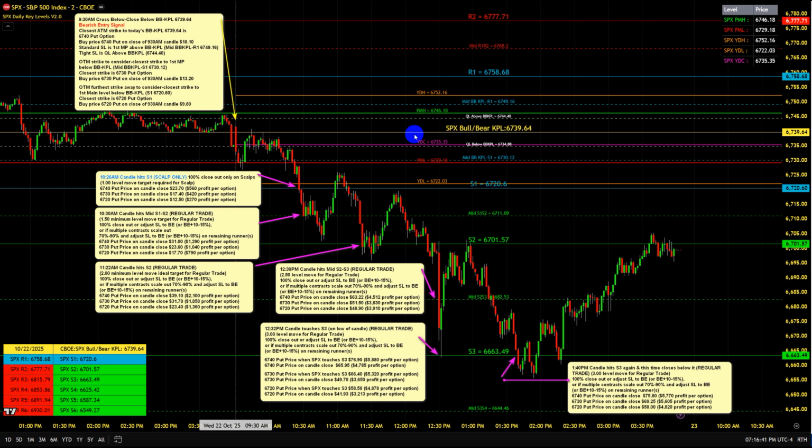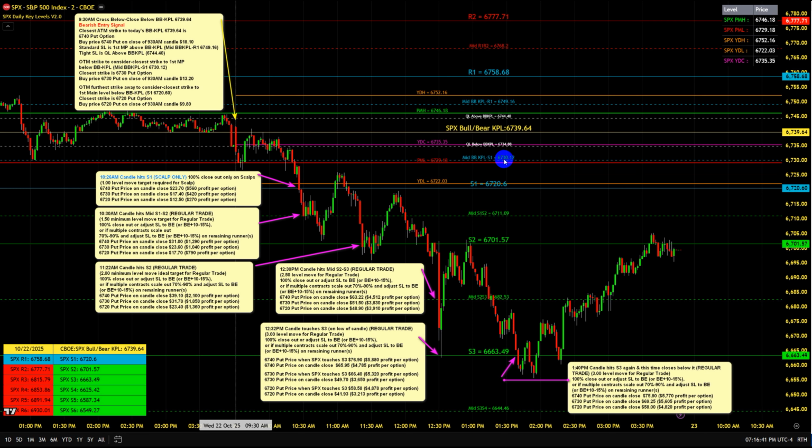So how you determine the 2 different out of the money strikes is you look at the level that you're trading from, the type of trade, in this case bearish, and you look to the first midpoint level below, and that's going to be your first out of the money strike that you can consider. So you look at what is the closest strike to this midpoint below, which is 67.30.12.